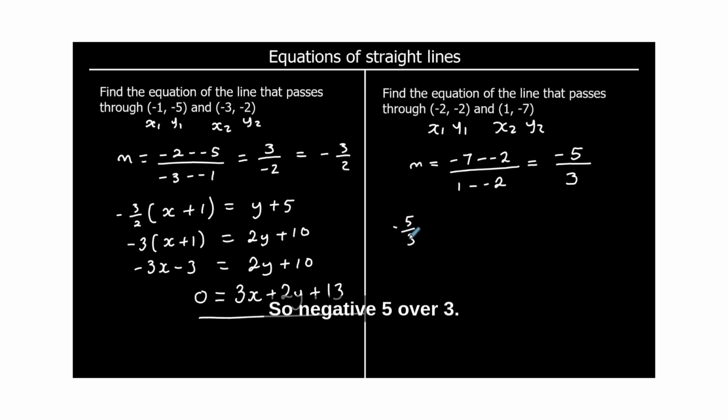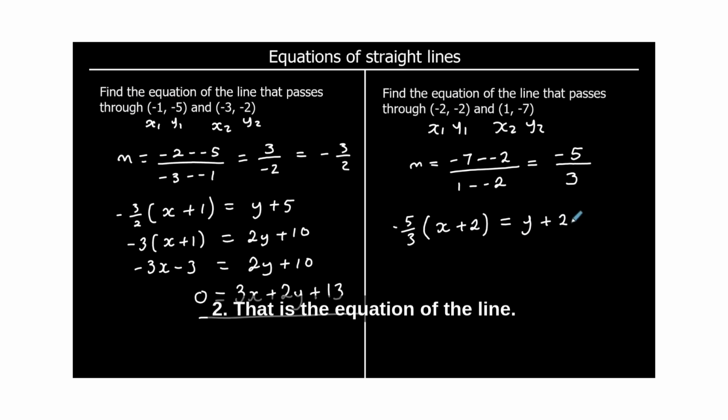So the gradient times x minus x1, x minus minus 2, and that's equal to y minus y1, y minus minus 2 is y plus 2. That is the equation of a line, but we can change the form by timesing through by 3.